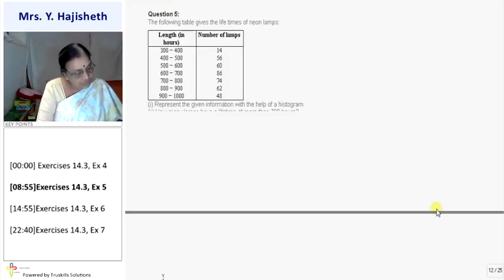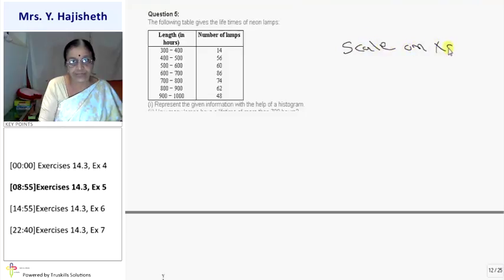Clear? So first of all I have to draw. There is no gap, so directly I can take class limits on the x-axis and frequencies on the y-axis. Okay? So what scale am I going to take? Scale on the x-axis: I will take 100 equal to 1 centimeter.